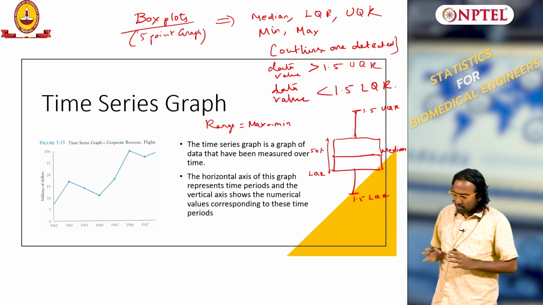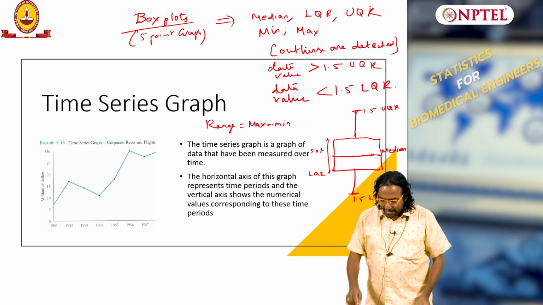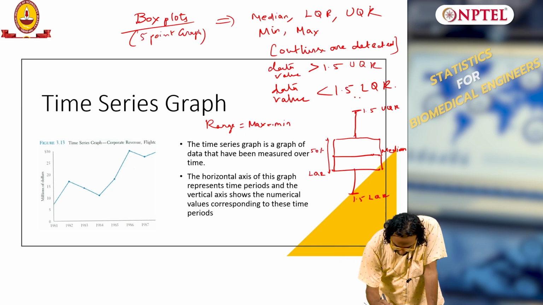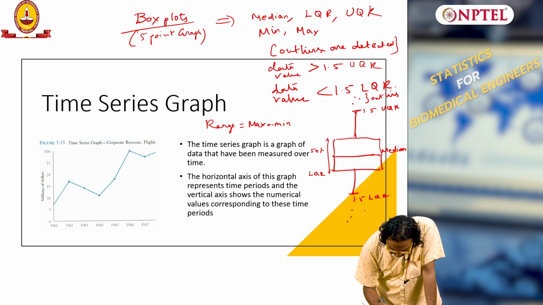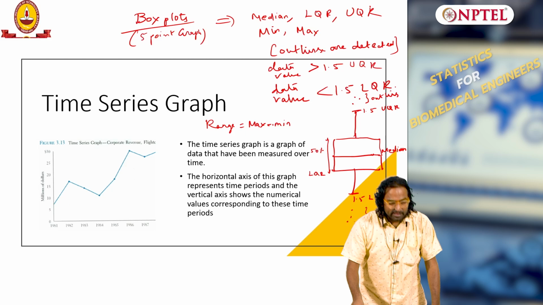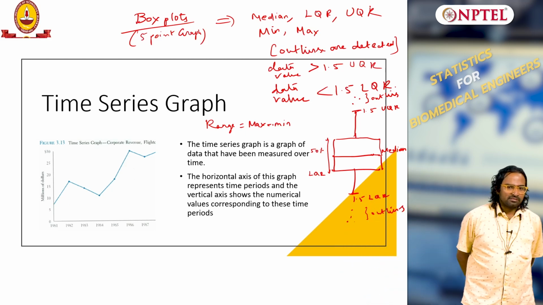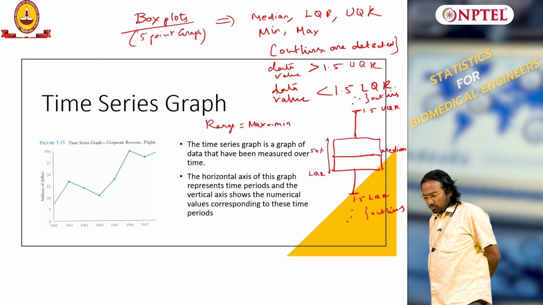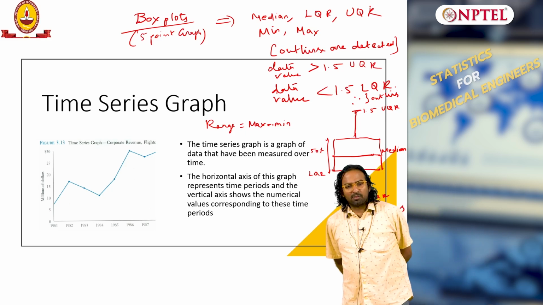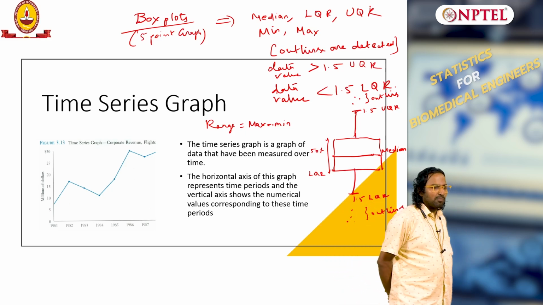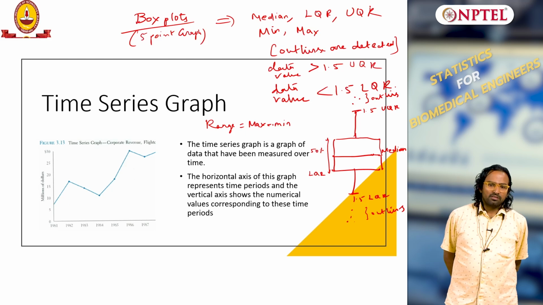So, that is the box. Anything beyond this you represent separately and these become outliers. You typically indicate them so that they are clearly outliers. So, this is the box plot or box whisker plot. Make sense?